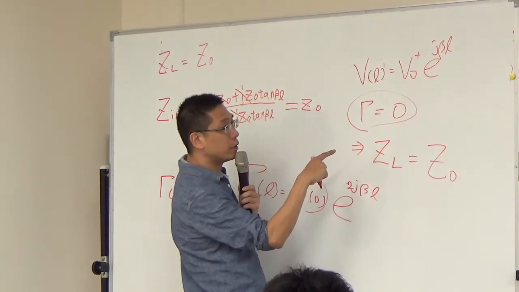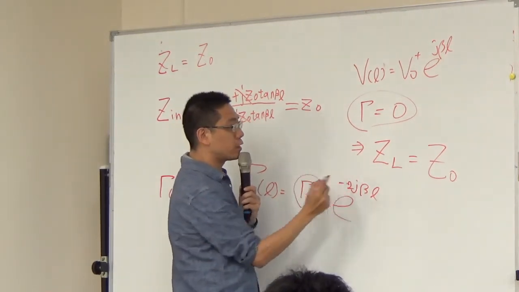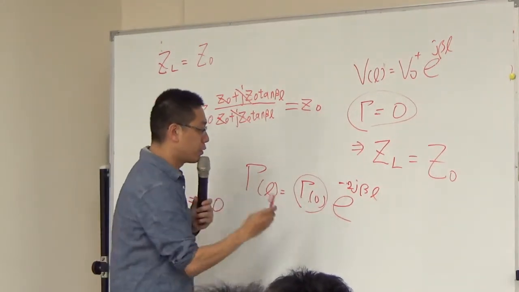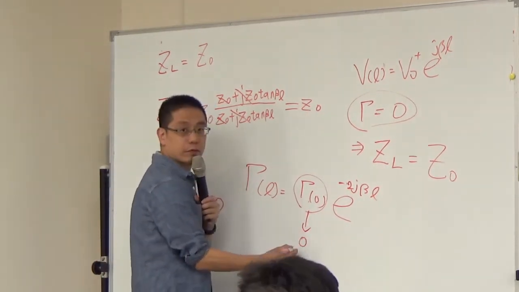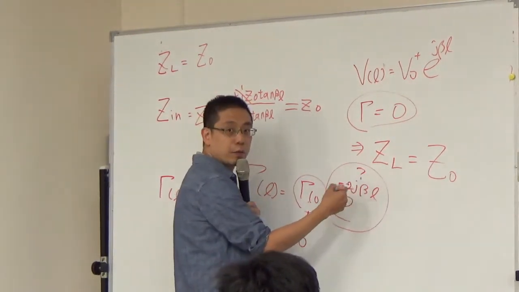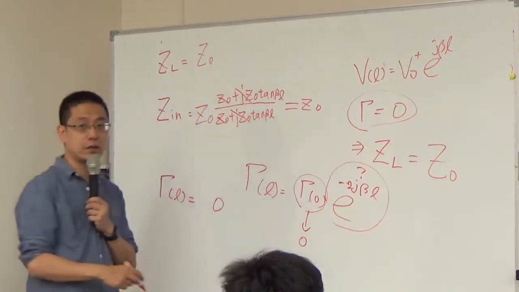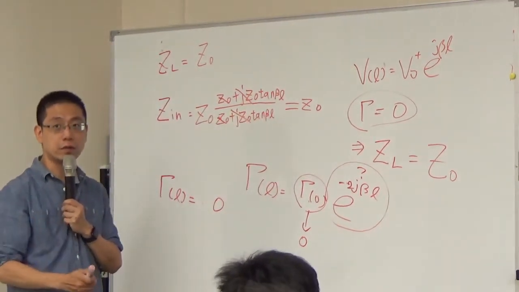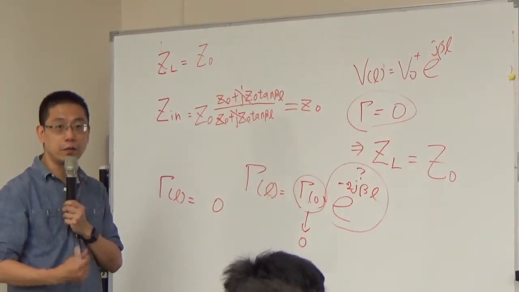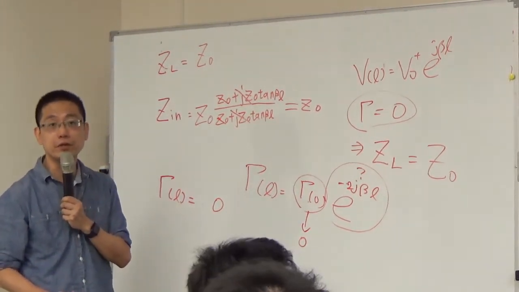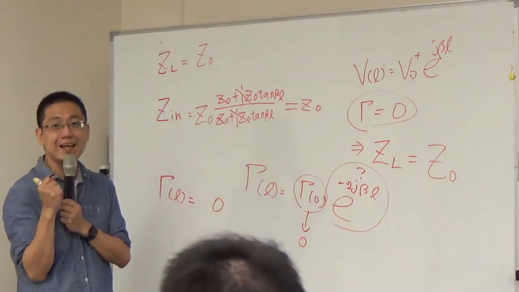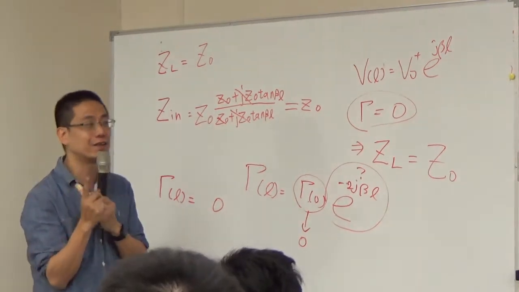Because this is 0, no matter the phases, the answer will always be 0, if this is a perfect match, Z0 equals ZL exactly, ideally.